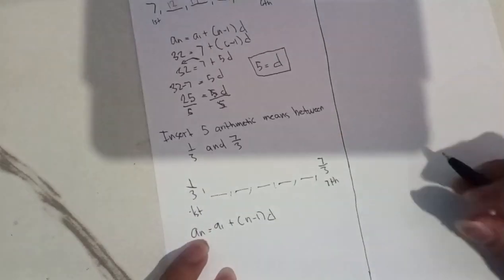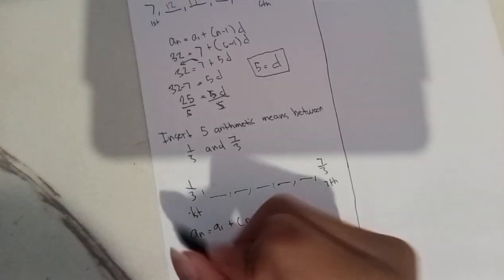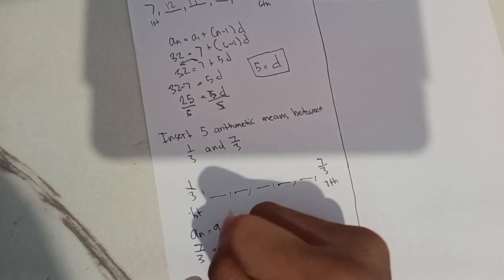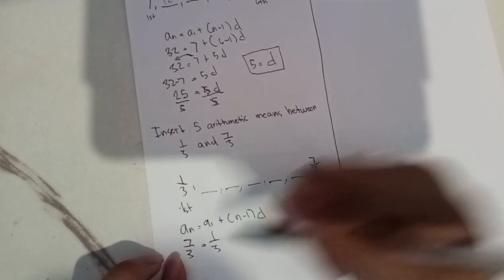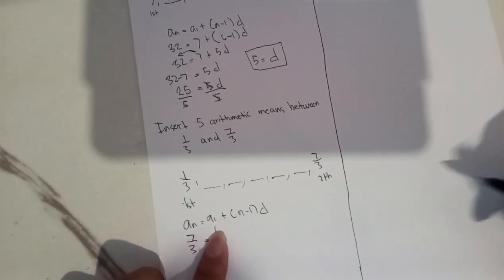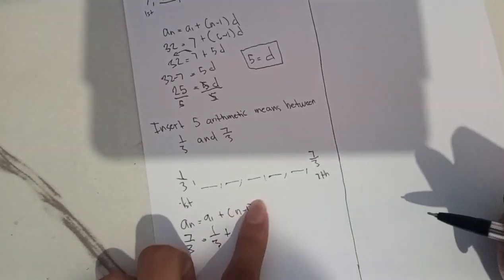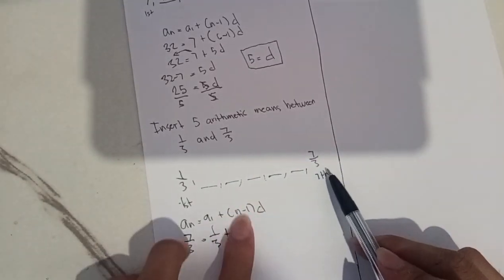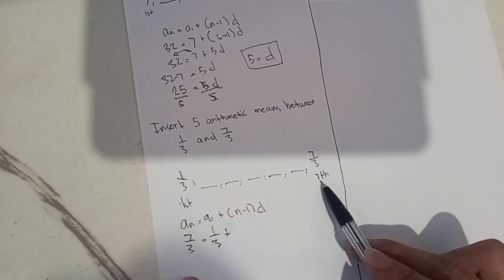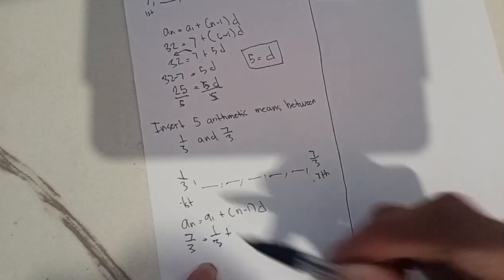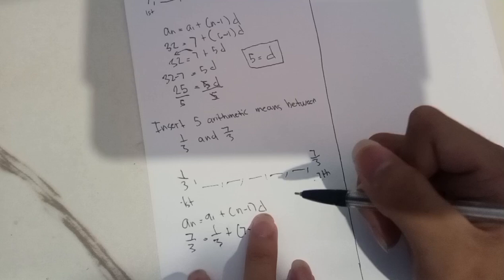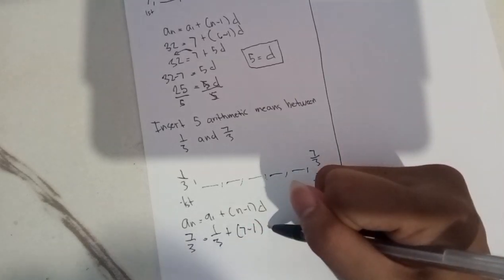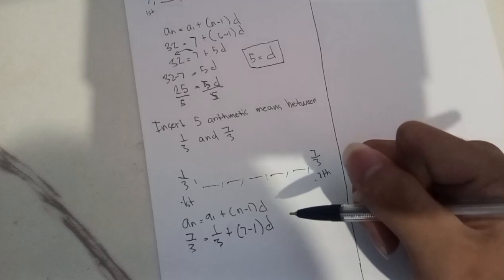So, an, which is the last term, 7/3, is equal to the first term, which is 1/3, plus the value of n minus 1, where n corresponds to the last term, which is this 7th position. So, 7 minus 1 times the unknown common difference.